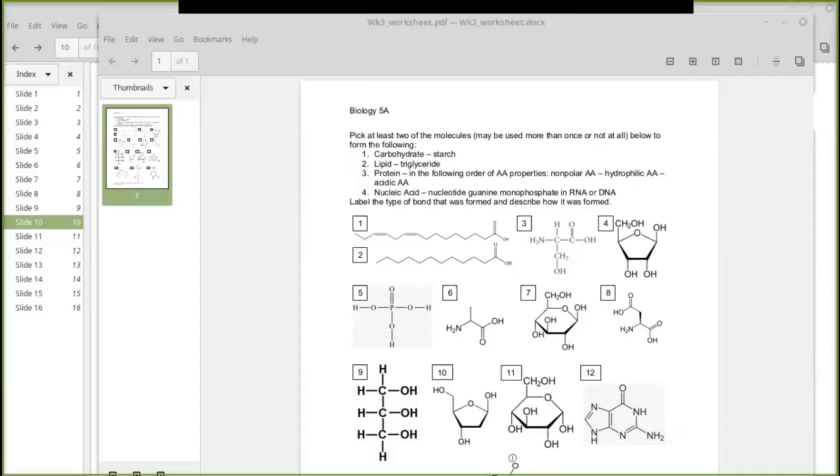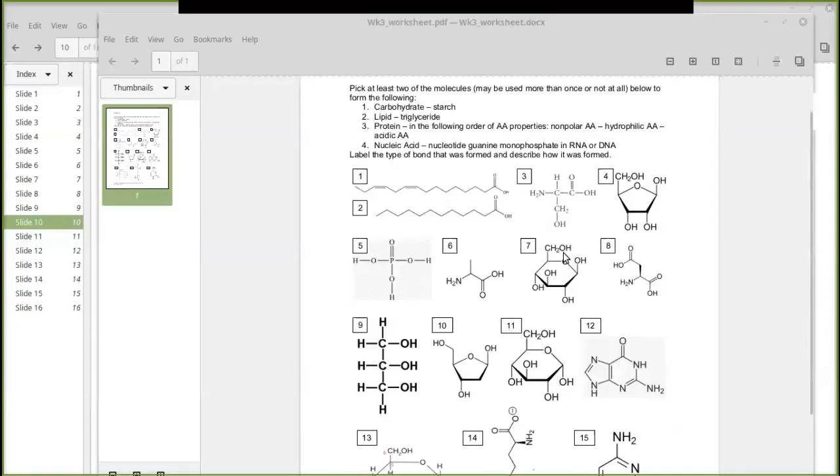Bridget, which one do you think out of all the amino acids that we listed would be the non-polar amino acid? 6. Right? Why do you think it would be non-polar? Because of the R group, right? The R group is CH3. Okay, so that would be non-polar.